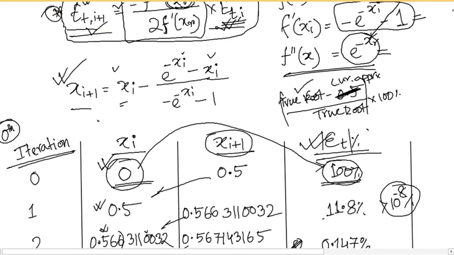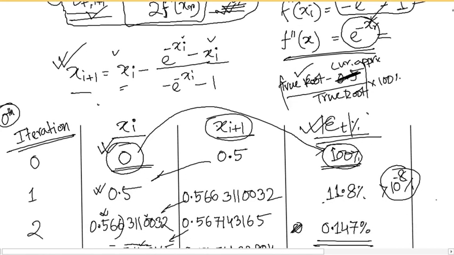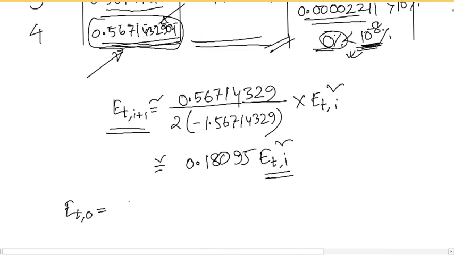But the original true error for the 0th iteration is the true root minus the approximation, that is 0.56714329.